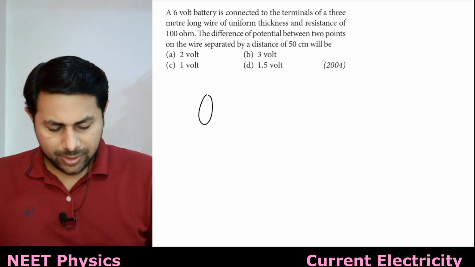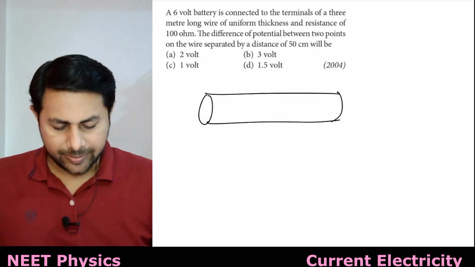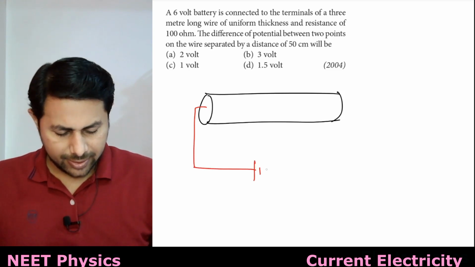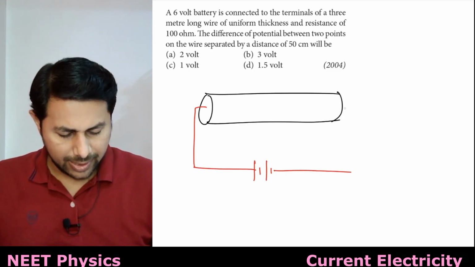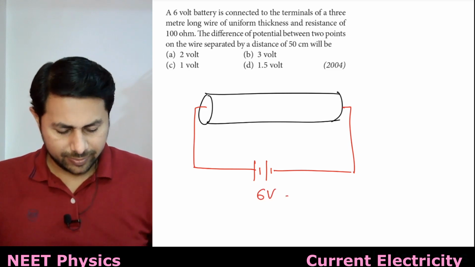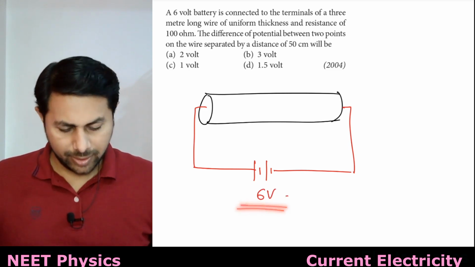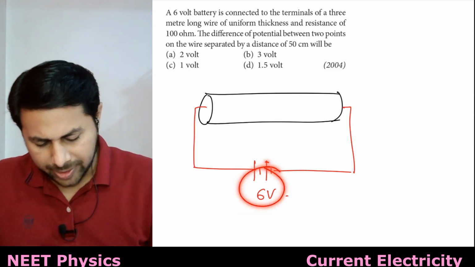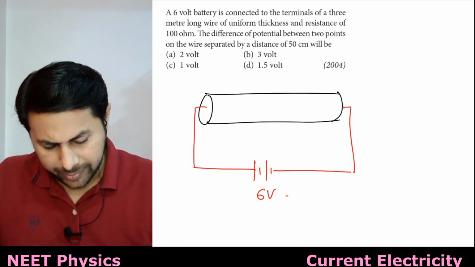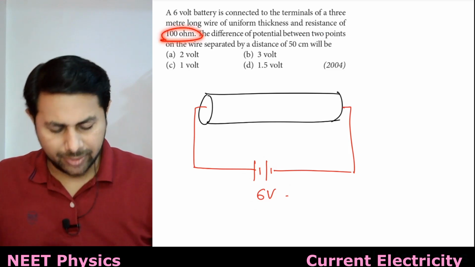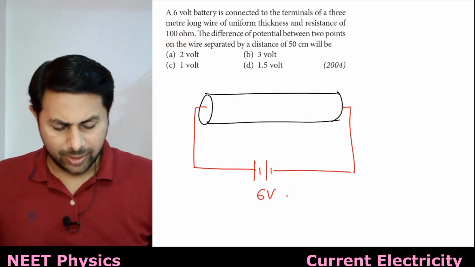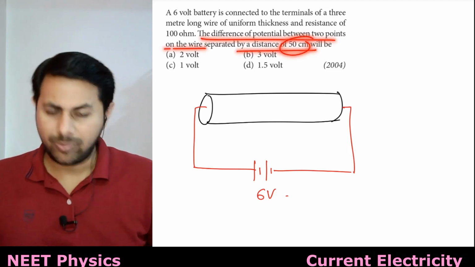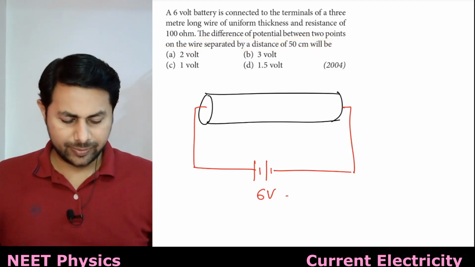The battery that you have connected has a potential difference of 6 volt, and the resistance of this wire is 100 ohm.